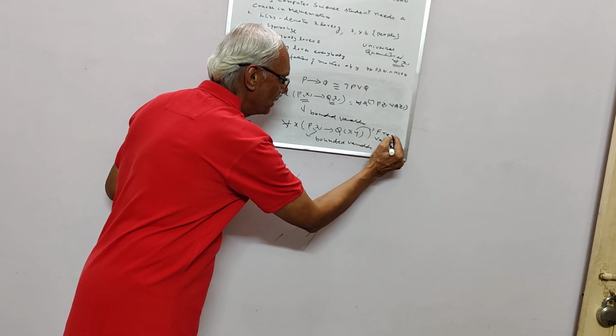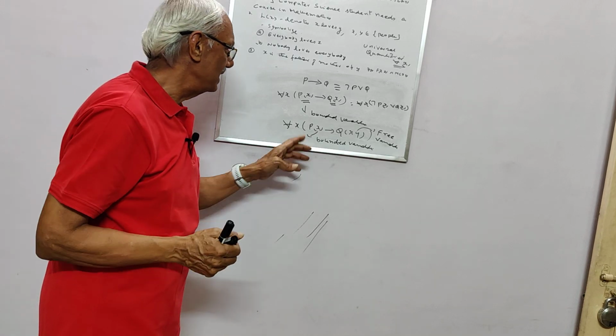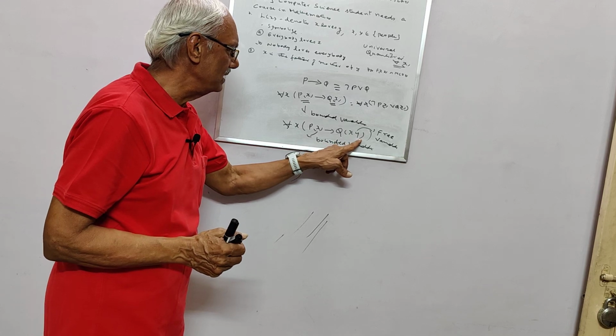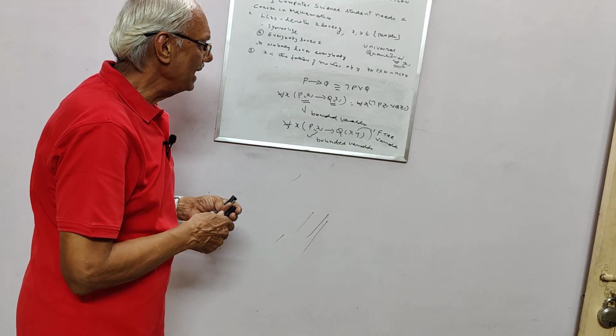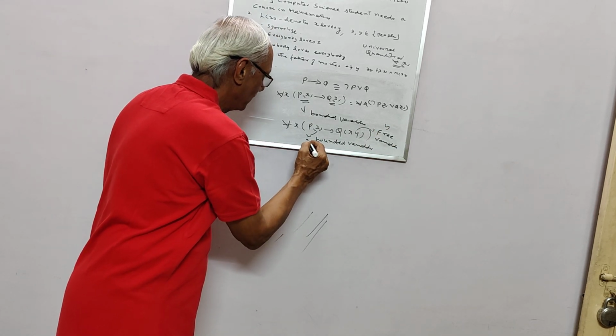This is called your free variable. So these are all called free and bounded variables in the sense that for all x, p of x implies q of xy means x is a bounded variable, whereas y is what? Y is free variable, x is bounded variable.